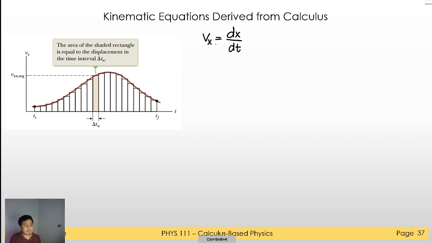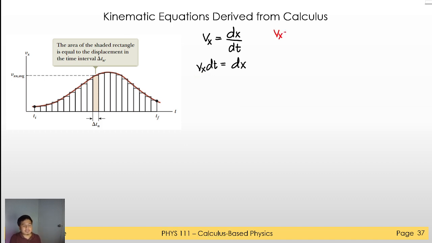Now, we can manipulate this. We can multiply by dt to the other side, so this will be v dt equal to dx. Before I do something here, we know that v is the final velocity.